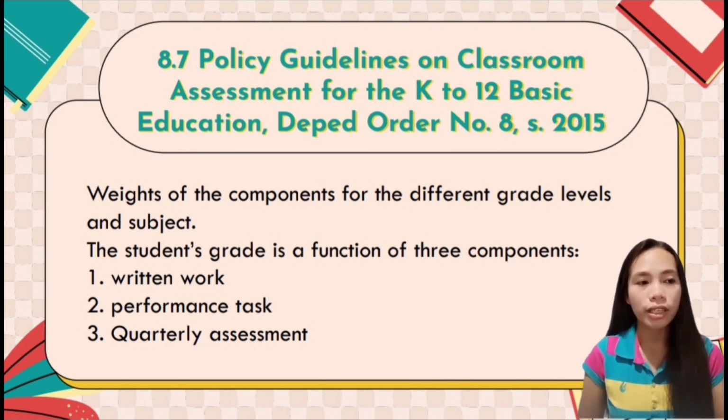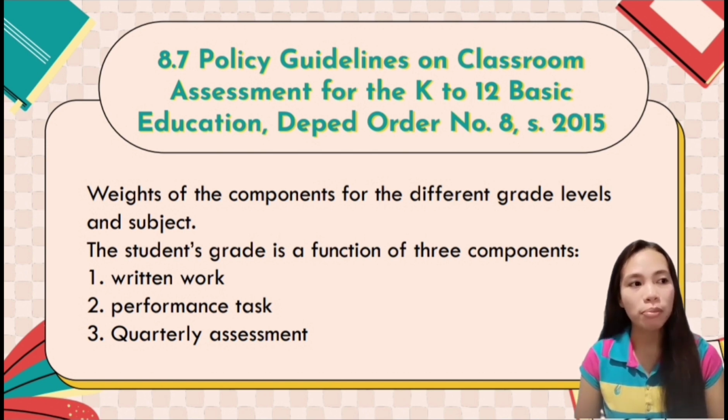In languages, AP and ESP subjects, the written works is equivalent to 30%, the performance task has 50%, and the quarterly assessment has 20%. In science and math subjects, the written works is equivalent to 40%, and the performance task has 40%, and the quarterly assessment has 20%.